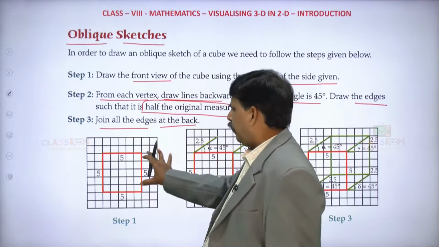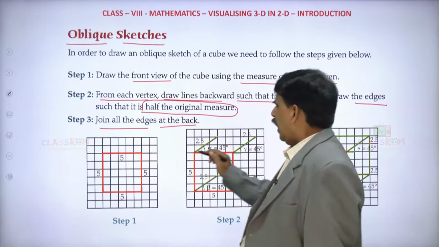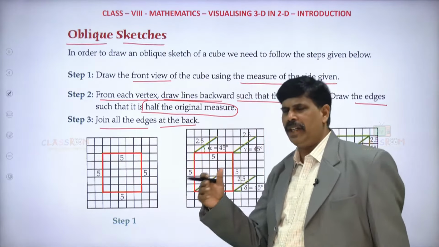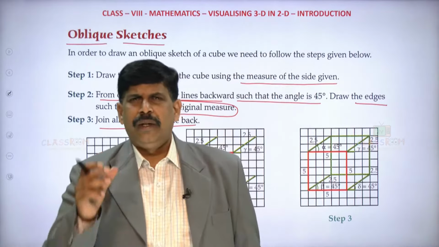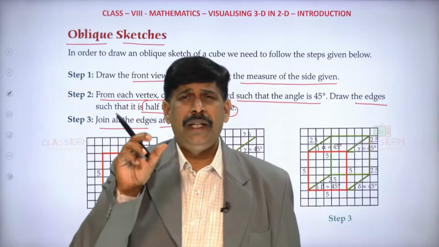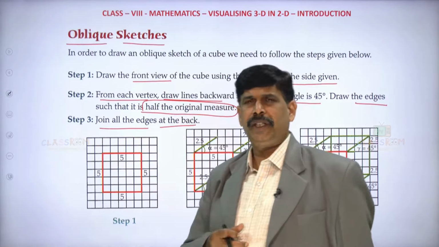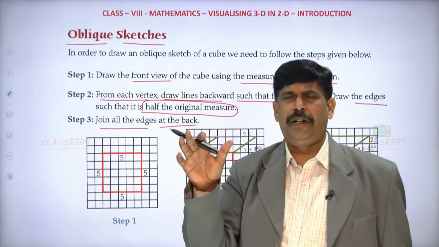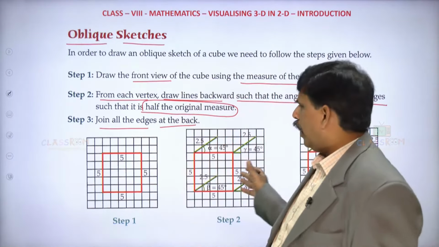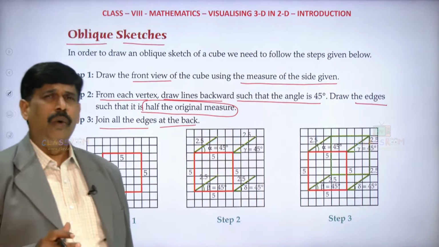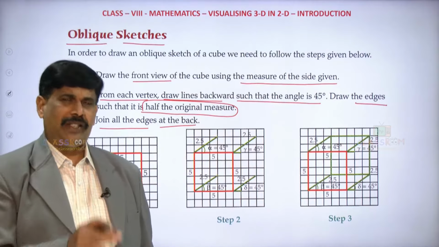First, draw the front view, and then from each vertex, with an angle of 45 degrees, draw the edges. What should be the length of the edge? It should be half of the original measurement. Here there are 5 units, so half of 5 units is 2.5 units. After drawing them, just join the edges at the back. So this is how we can draw oblique sketches.